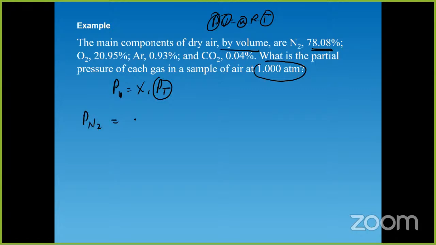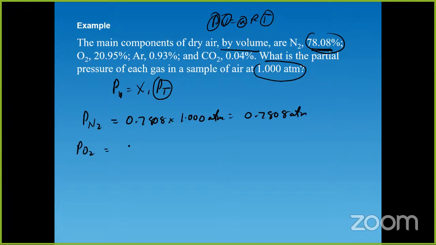The partial pressure of nitrogen would be this number expressed as a decimal, 0.7808, multiplied by the total pressure, 1.000 atmospheres. And that's it. We get 0.7808 atmospheres.